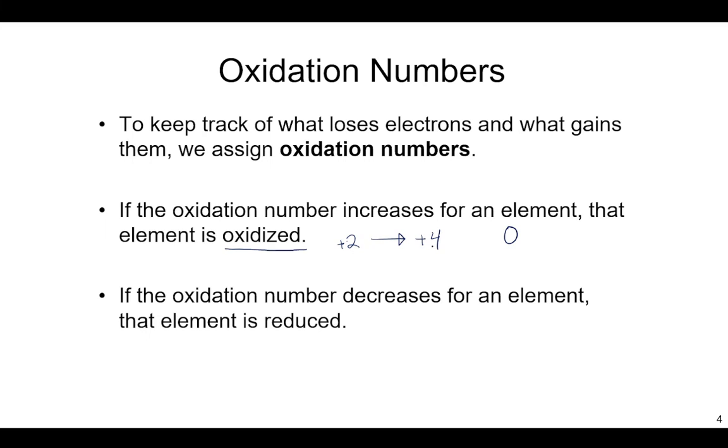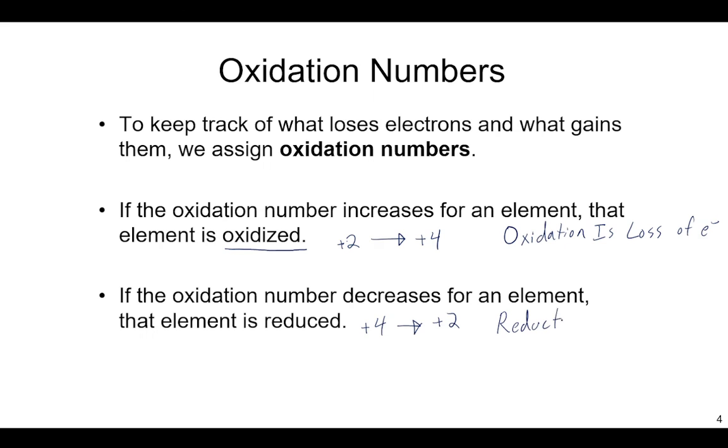Now, this change in oxidation state is because it lost electrons. So oxidation is loss of electrons. If the oxidation number decreases, so it goes from +4 to +2, then that element is reduced.